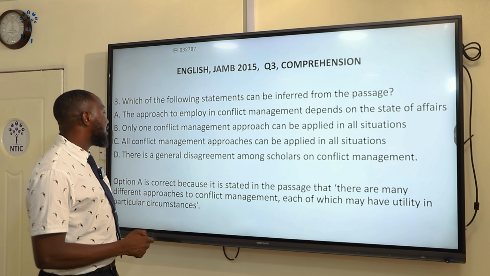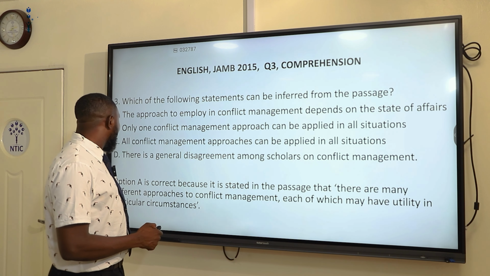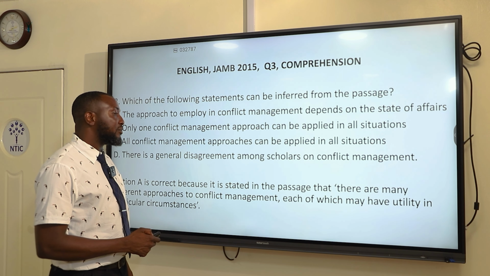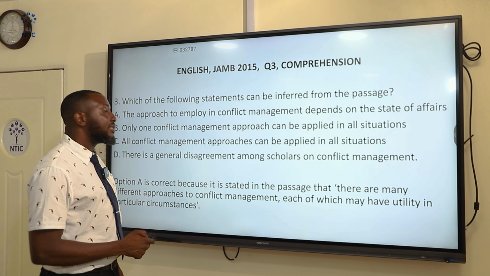Option A is correct because it is stated in the passage that there are many different approaches to conflict management, each of which may have utility in particular circumstances.